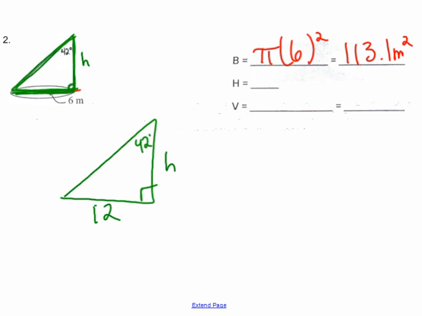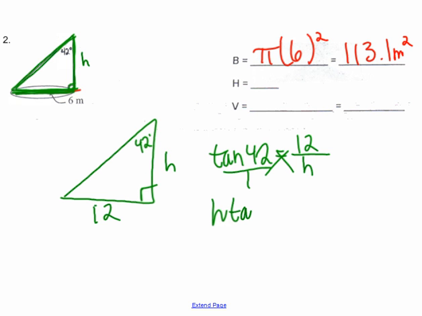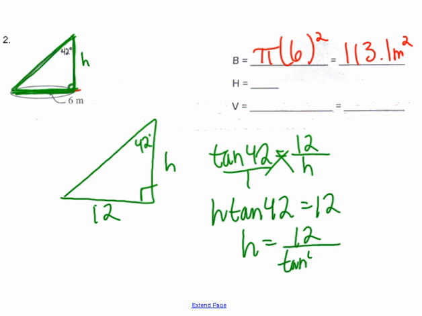So in order to find height, I'm going to do SOHCAHTOA, and since I have an opposite and adjacent, I'm going to do the tangent of 42 equals 12 over h. Remember, with doing SOHCAHTOA, you're going to cross multiply and then divide. So I'm going to take 12 divided by the tangent of 42.